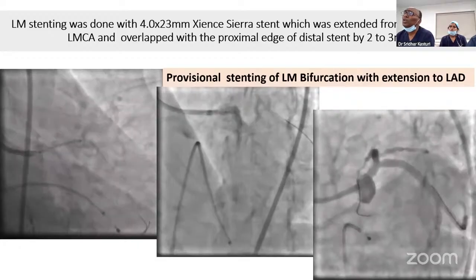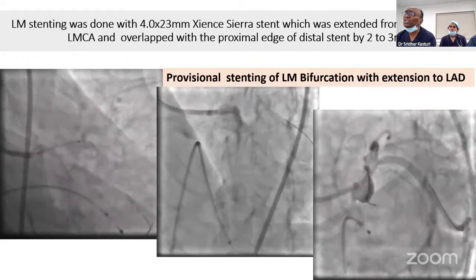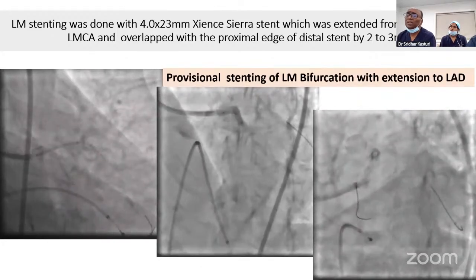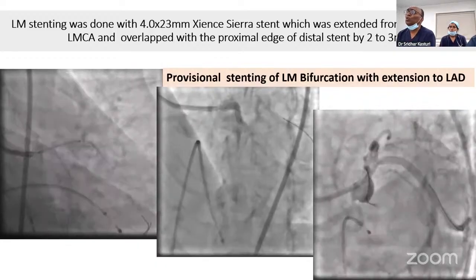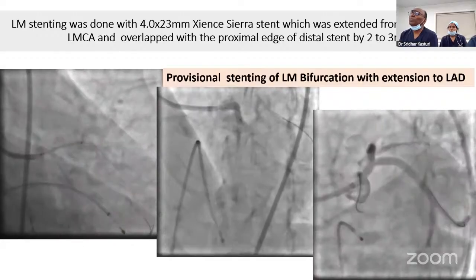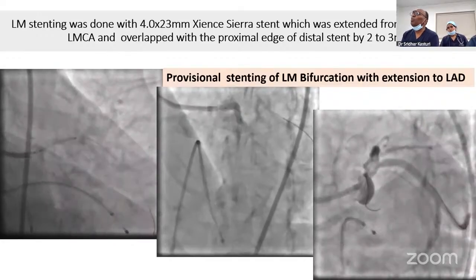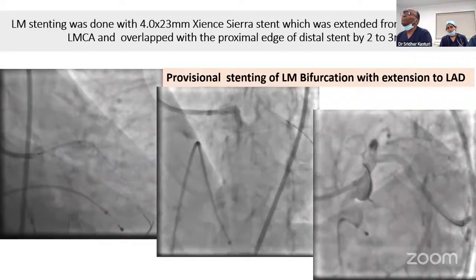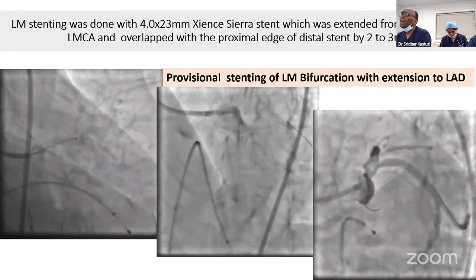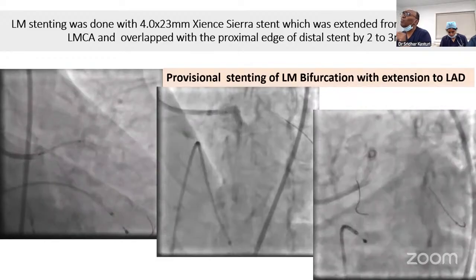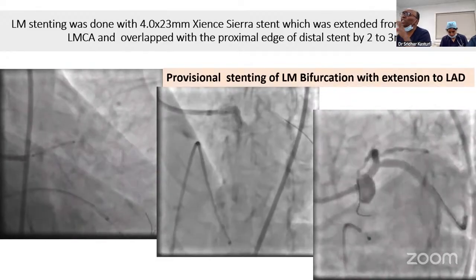So usually in this scenario we have to choose two classes of drug-eluting stents. One is the Xience group and another is the Onyx group. The advantage of the Xience group is the fluoropolymer. The fluoropolymer causes thromboresistance. It binds with albumin.